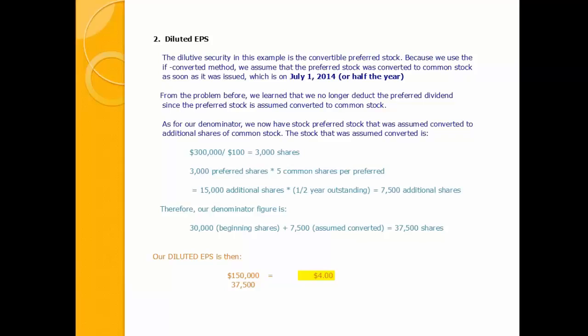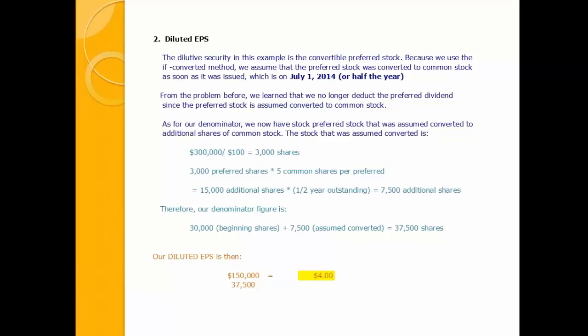The denominator is actually going to increase, to the extent of the weighted average. Each preferred share is convertible into 5 common shares. So there are 3,000 shares, and 3,000 shares times 5 common shares gives us an additional 15,000 shares. However, we're only looking at 1/2 year outstanding.